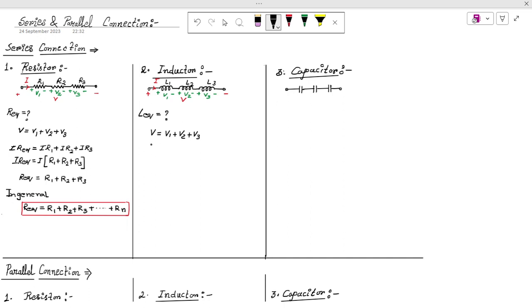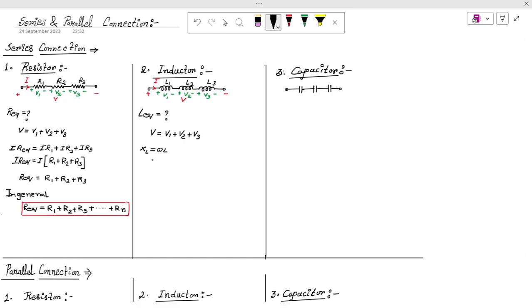Here one extra thing you have to do. Here inductor is there. You have to find out the inductive reactance XL by multiplying by omega L.